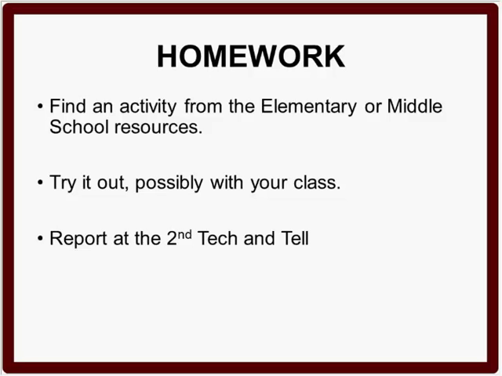If you want to do something higher level, that's fine too, but I just felt like most people would be more specific for elementary and middle school. I'd like you to try it out, and if possible, try it out with your class. Have your class work with it. If you have a smart board, find an activity that goes along with what you're doing right now. And then at the second Tech and Tell, we'll spend just a couple of minutes talking about which activity you chose and how it worked.